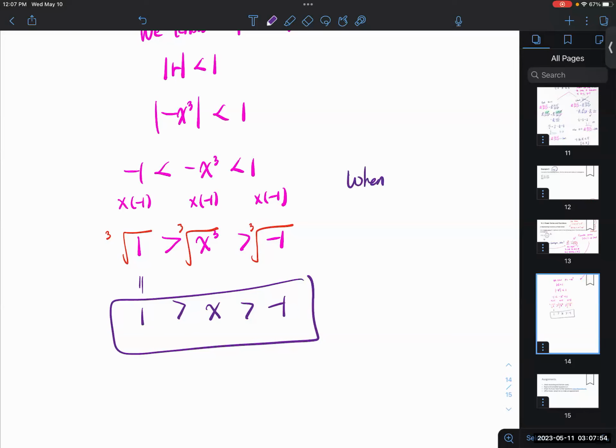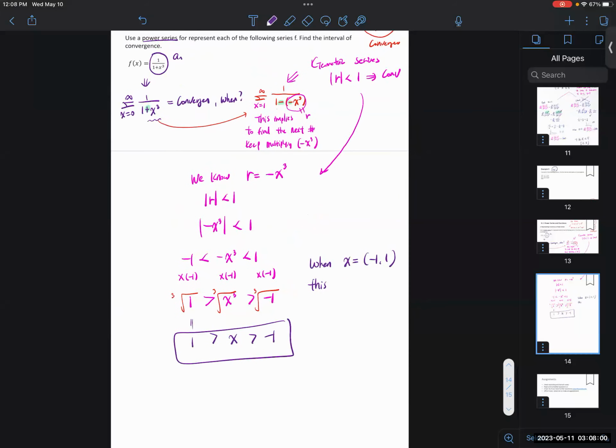When x is between negative 1 and 1, this power series, or any type of series here, but this one is a power series, this given series is convergent.